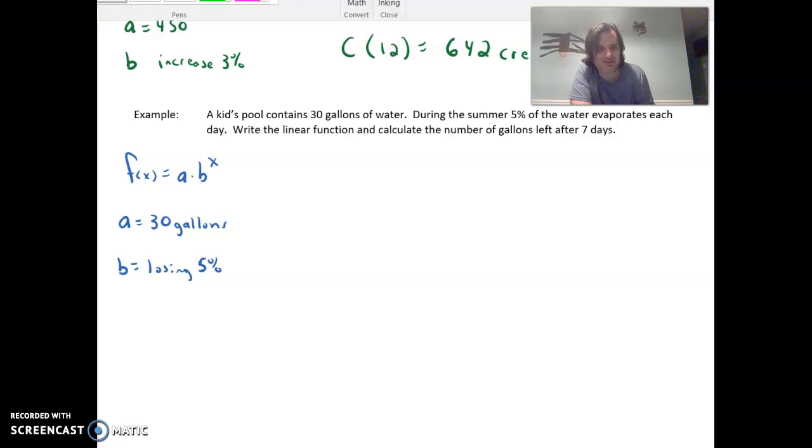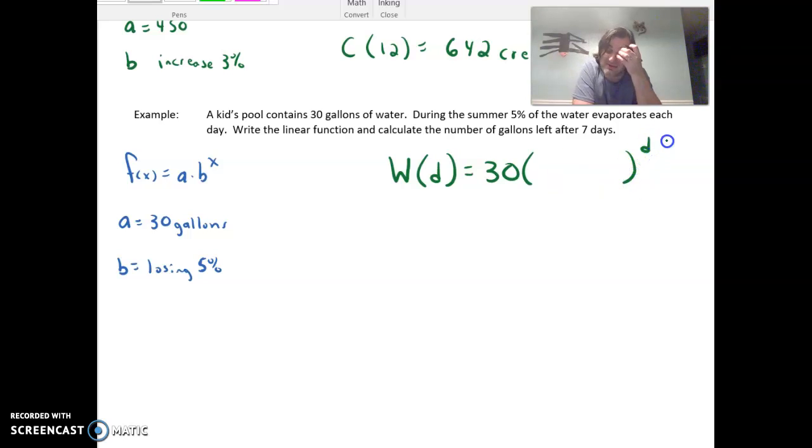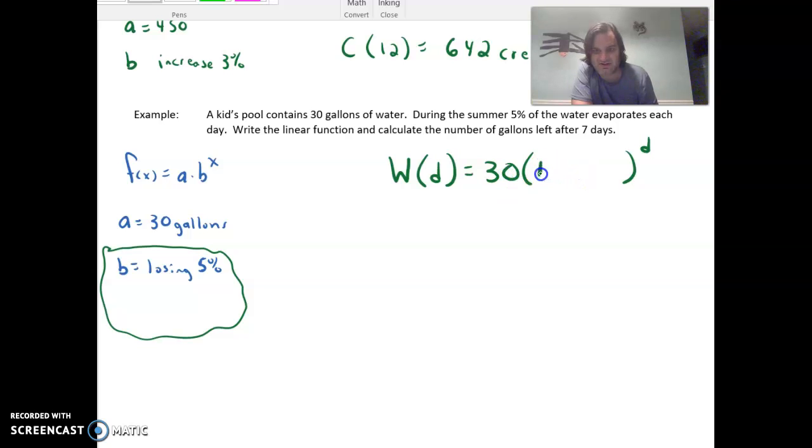So let's see here. What could we do? We could call this function W for water after a certain number of days. And we know it starts at 30. And that'll be 30 times something raised to the D. So let's see what we can do with this guy right here. We know we have the original amount, which is 1 or 100%, and we're losing 5%, which will be losing 0.05.